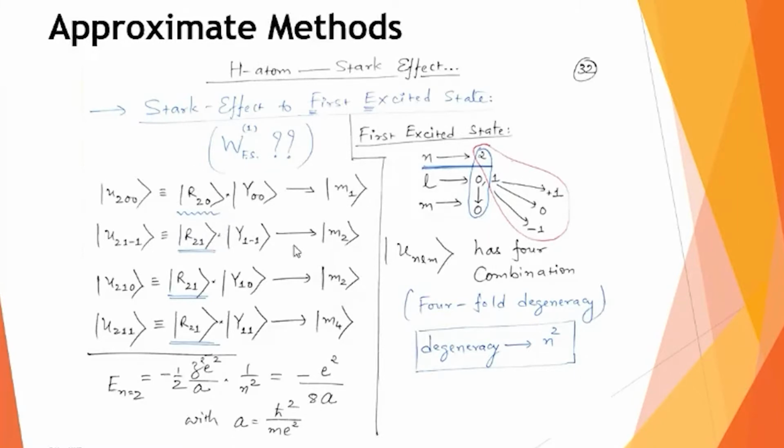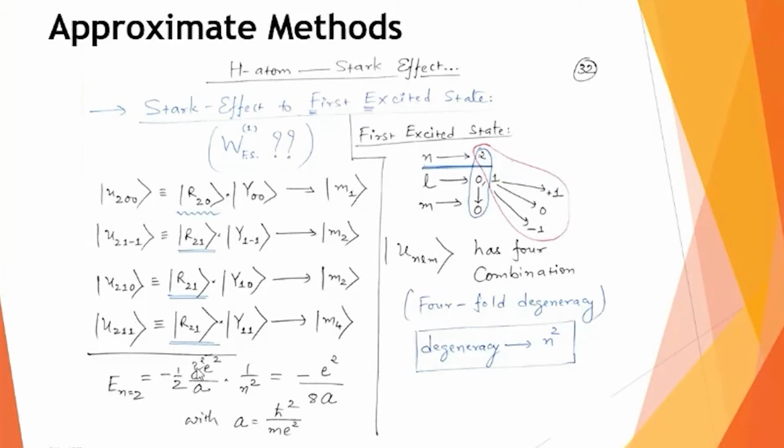And when I use my unperturbed Hamiltonian H0 to operate on U200, U21 minus 1, or U210, or U211, all of them will give me the same energy. So I have also written below what the energy of the first excited state is. First excited state means whenever your n value is 2.